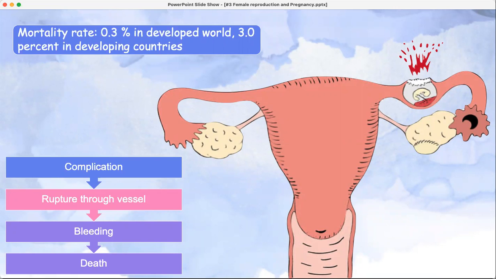The mortality rate for ectopic pregnancies is 0.3% in developed countries, but in developing countries, it's up to as high as 3%. So that comes with a saying from Africa, a pregnant woman has one foot in the grave. Lots of things that can go wrong and little access to medical care.